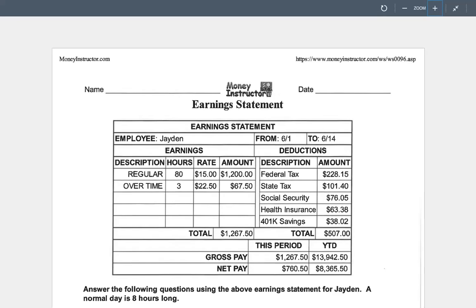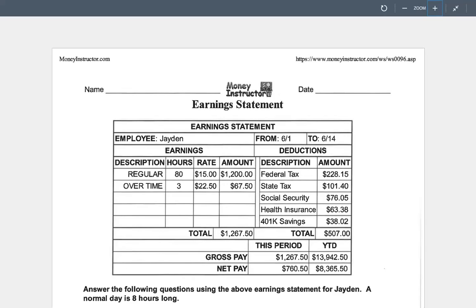And under earnings, there are some columns that say description, hours, rate, and amount. Do you see those different columns? Description, hours, rate, amount.